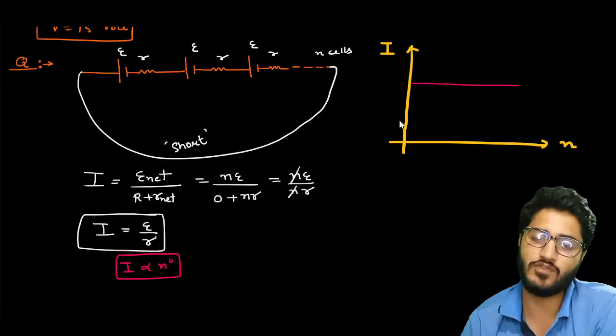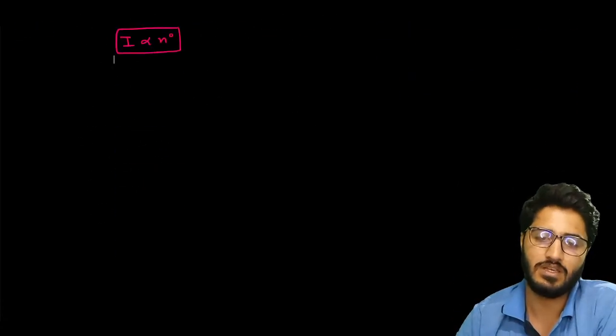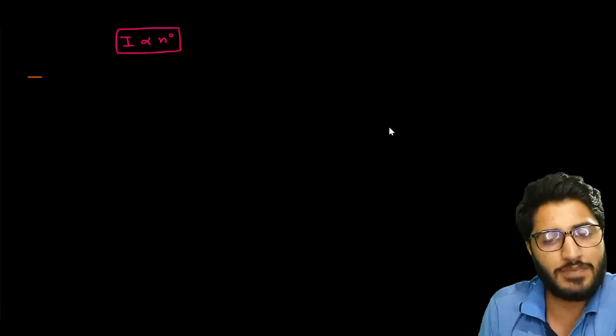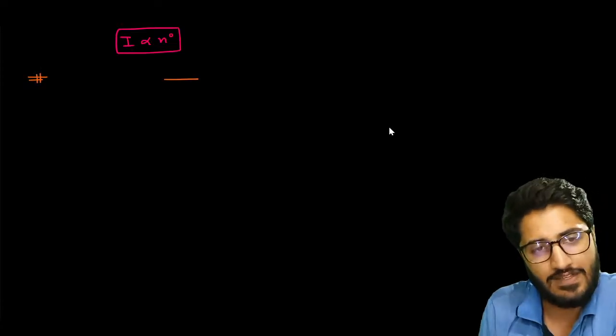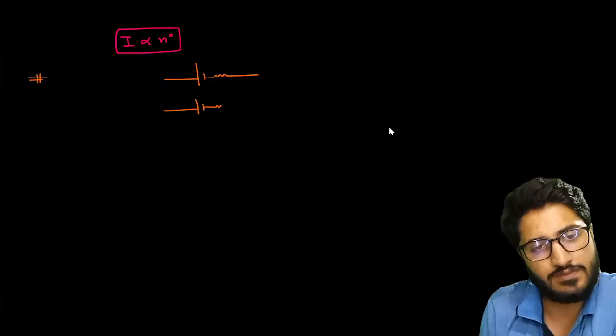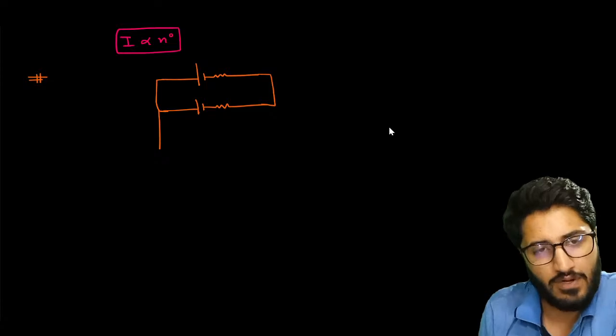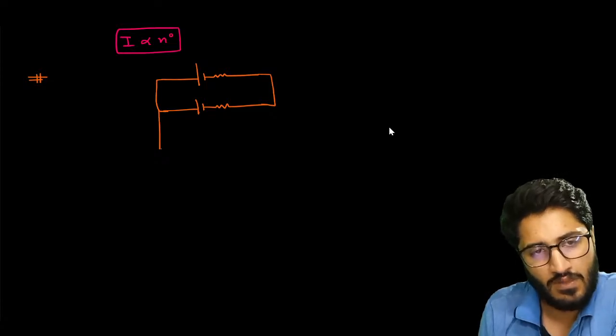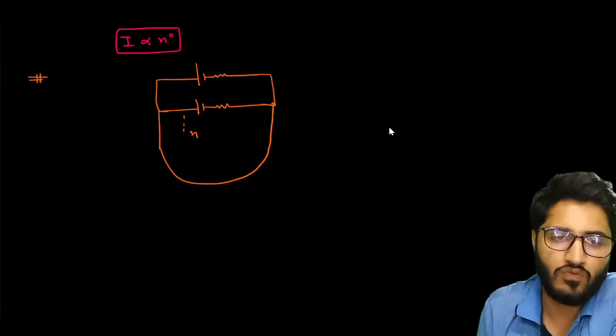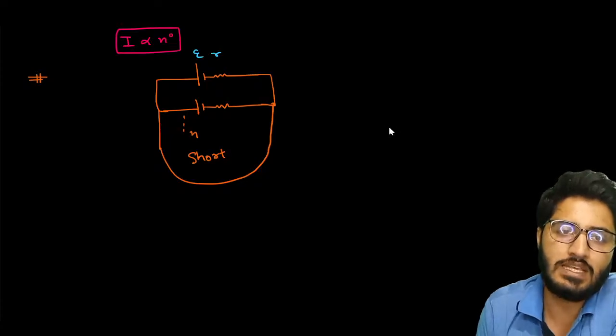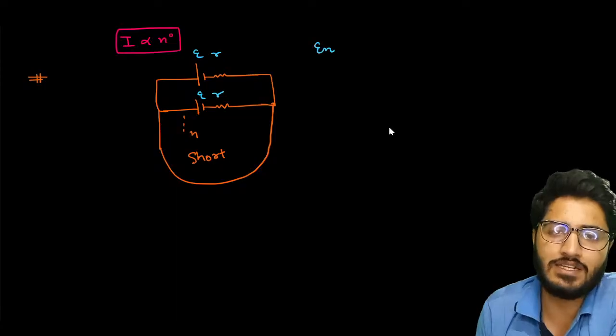The second case will be my parallel case, that is, if we have n number of cells. Now we short circuited. So what is E net?